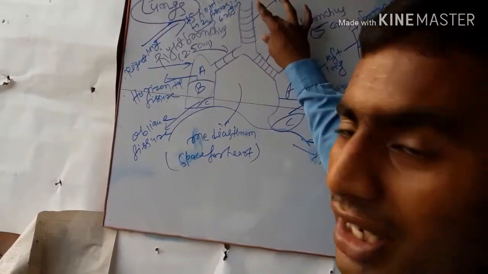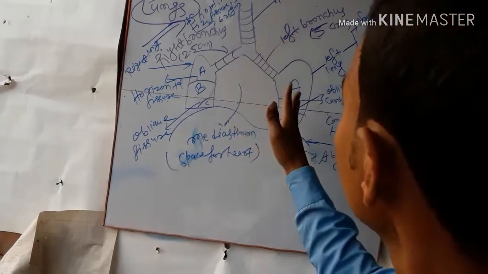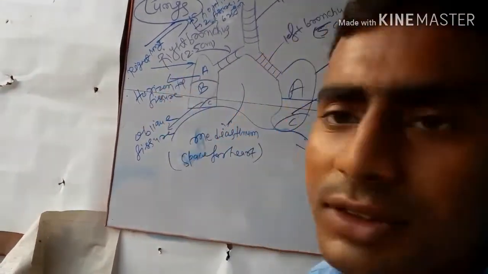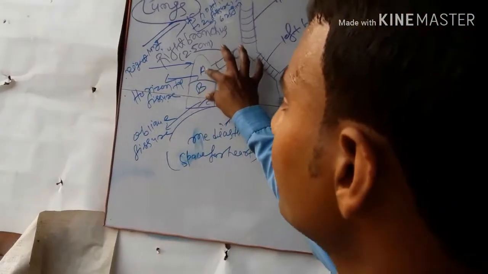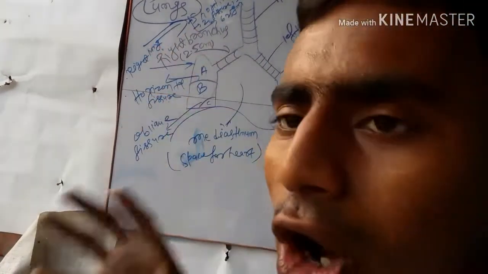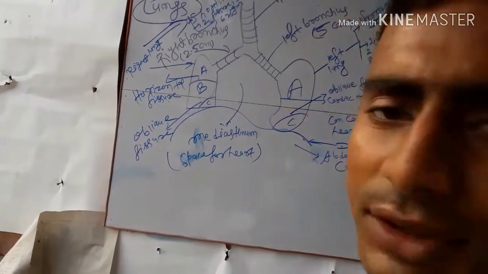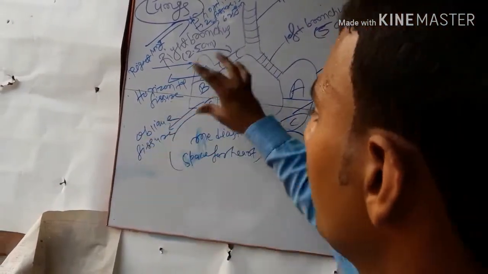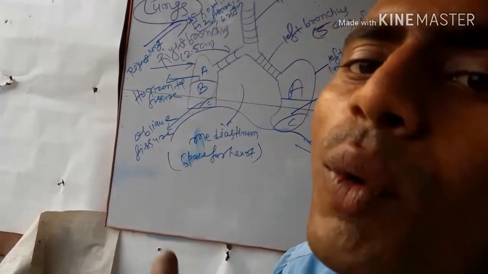This is the trachea and this is the bronchi. This is the left lung and this is the right lung. The right lung is short in comparison to the left lung. The right lung is short and wide.